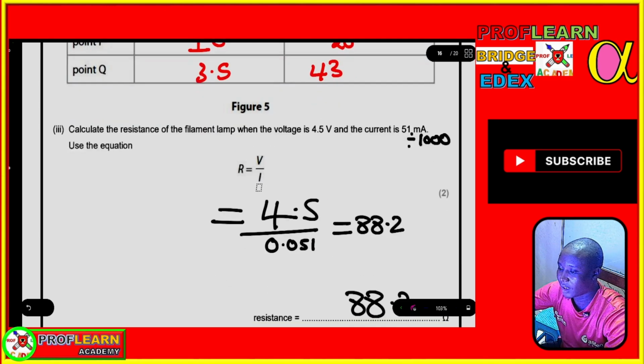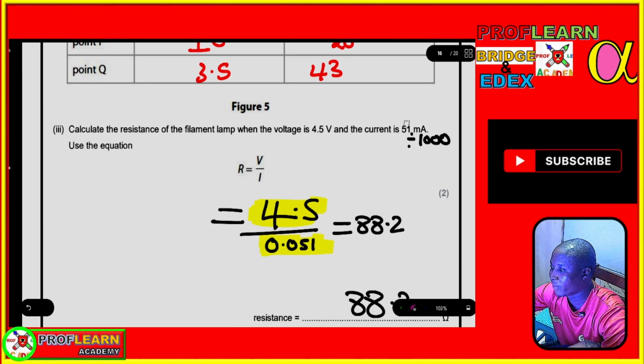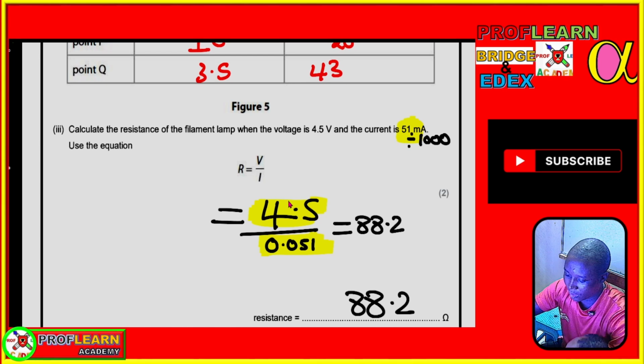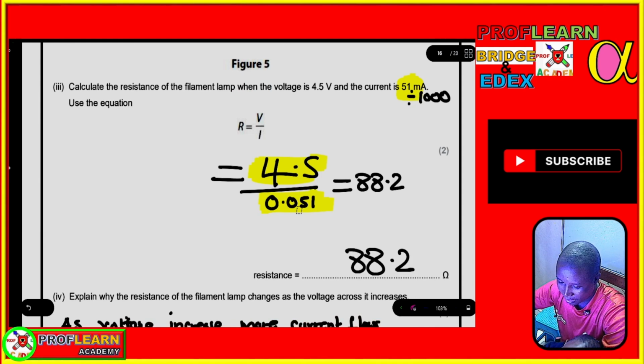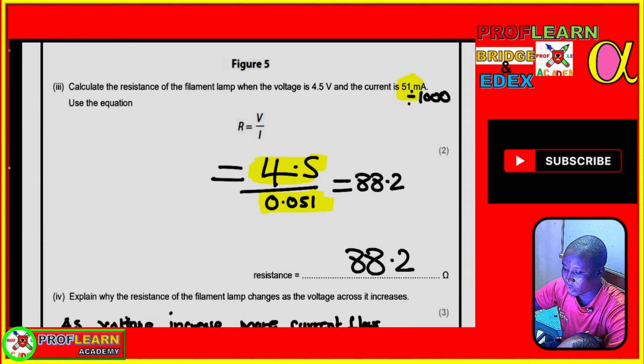Resistance is voltage over current, so we have to take 4.5 over 0.051, because this is in milliamperes, so you cannot use it the way it is. You have to ensure that you convert it to the correct units. So basically, that's what we are going to do in this particular part of the question.